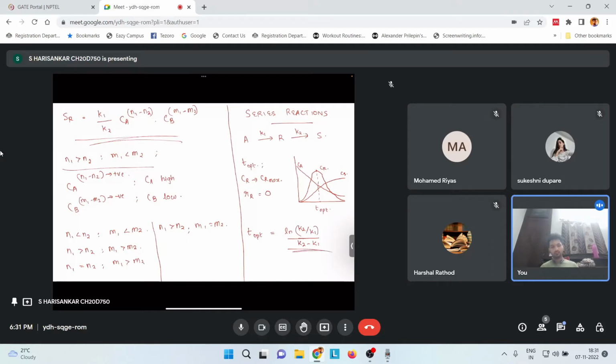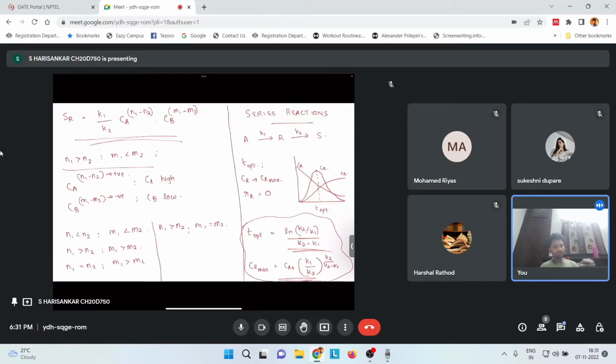And we also had an equation for CR max as CA0 into (k1 by k2) the whole raised to k2 by (k2 minus k1). I hope you guys are able to recollect these concepts and remember how we derived these equations.